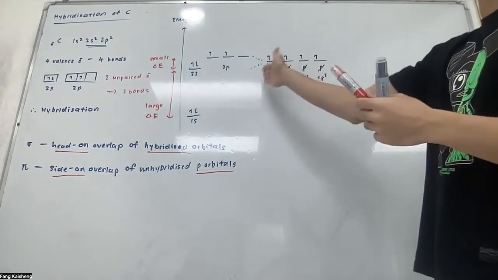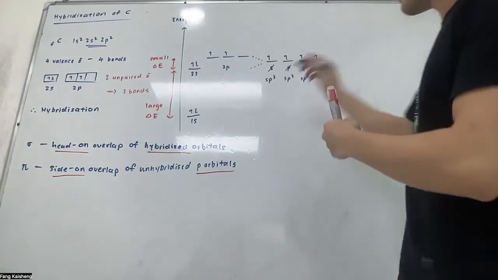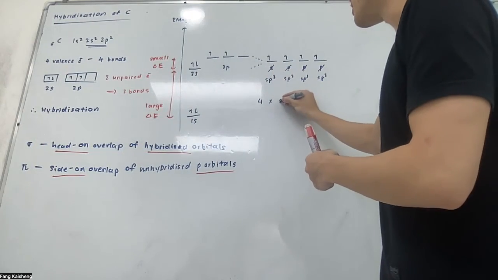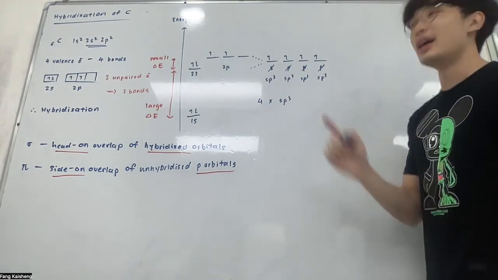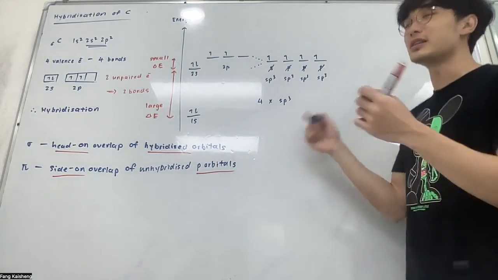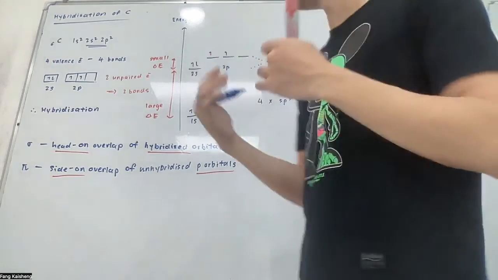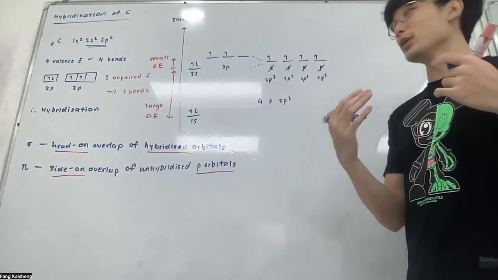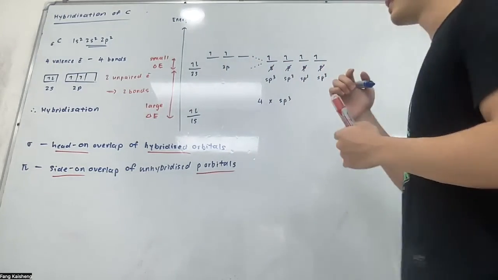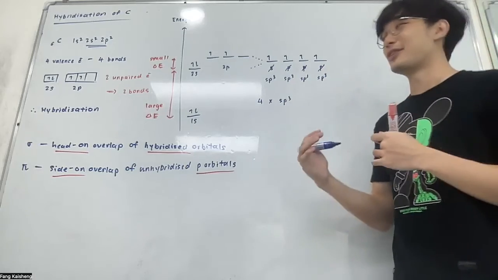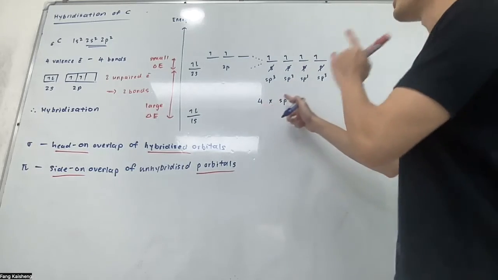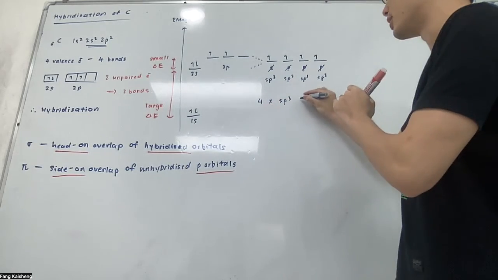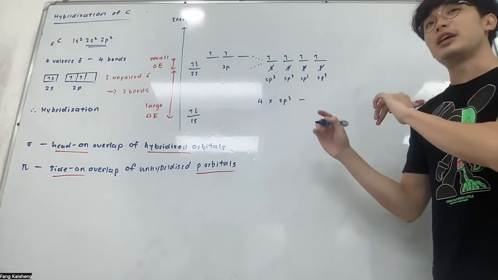In this version of hybridization here, I have 4 sp3 hybridized orbitals. Again, these hybridized orbitals, how do they overlap? Head-on to form what kind of bonds? To form sigma bonds, right? So if one carbon has 4 sp3 hybridized orbitals, what kind of bonds can it form?